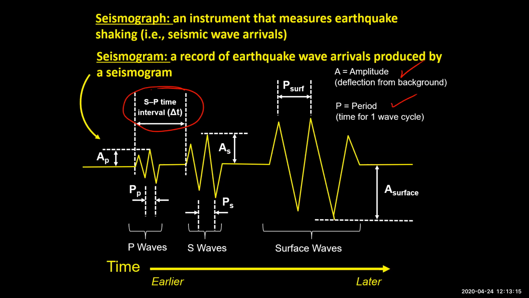And the way we measure it is from the beginning of the very first P waves right here to the beginning of the very first S waves. And we're measuring a time difference, because that horizontal axis is time. As we'll see in subsequent slides, that's an important measurement to make, because we'll be able to use that measurement to ultimately locate where the earthquake occurred.